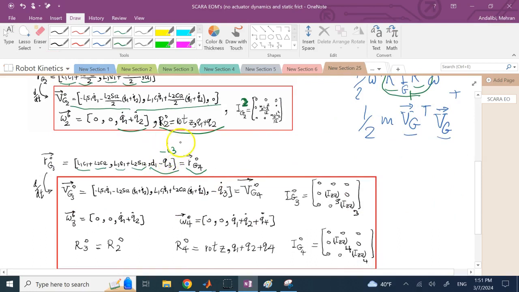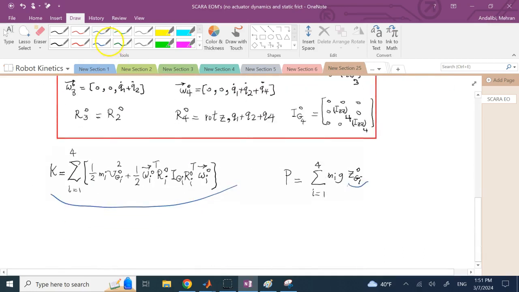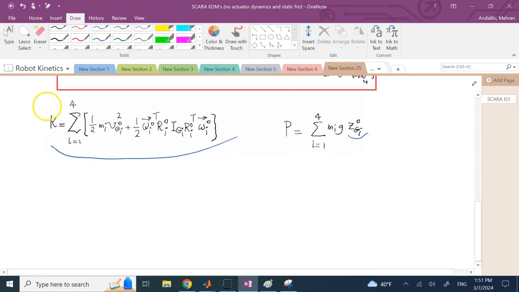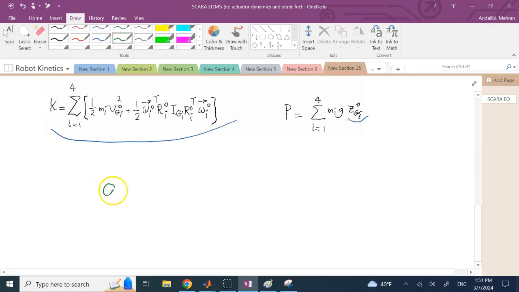But when you take the derivative, you see here D1 has no effect; it becomes 0. That L3 also becomes 0, and therefore it is not going to affect this component, which is just going to be negative Q3 dot. You might say it can affect the potential energy. Sure, it can, but remember, when we write the Lagrange equation, what is it?